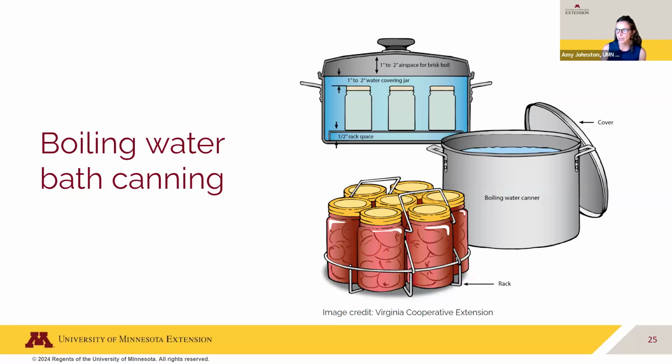It should have a tight fitting cover. And you should have enough space above the water to allow for the water to boil without boiling over the pot and impacting your flame or your burner. And that cover needs to be tightly fitting to help keep all that heat in during the processing time.